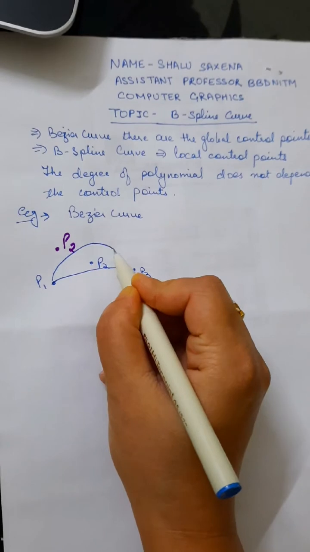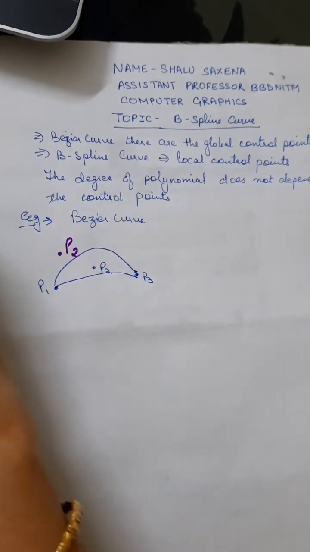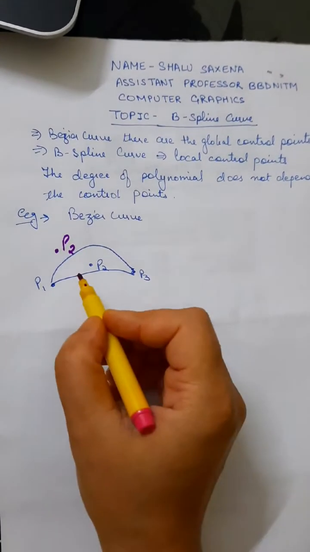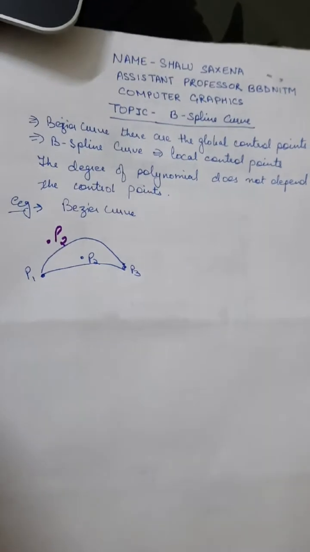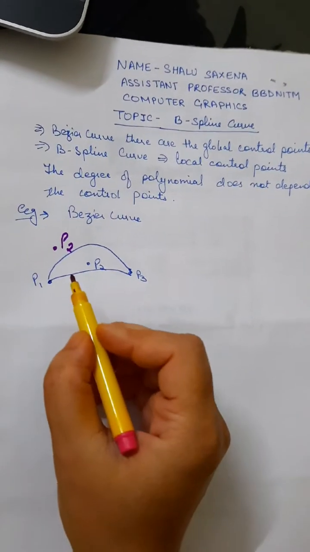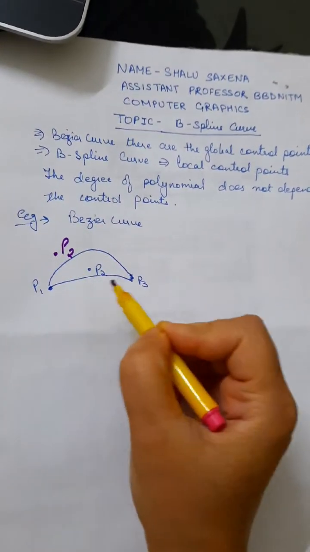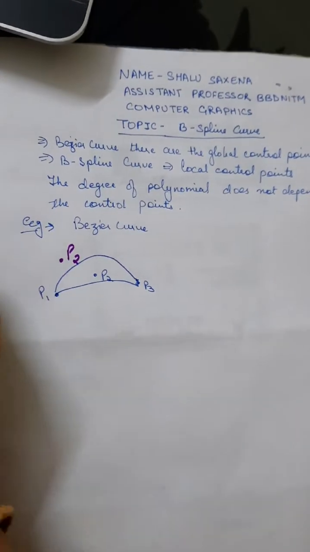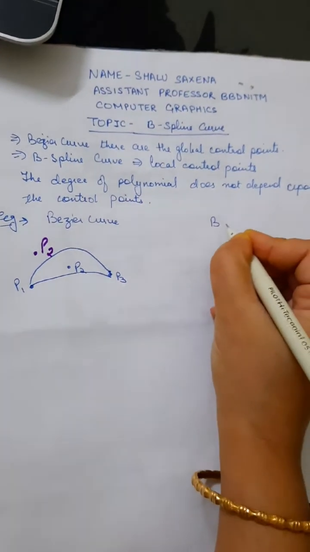It is going to be like this. So these are the global control points. It depends on the global control points. If we change the point, then the whole curve is totally changed. But to overcome this problem, we are going to see B-spline curve.